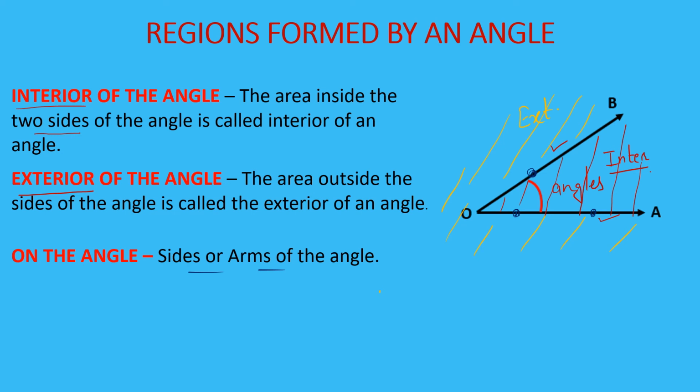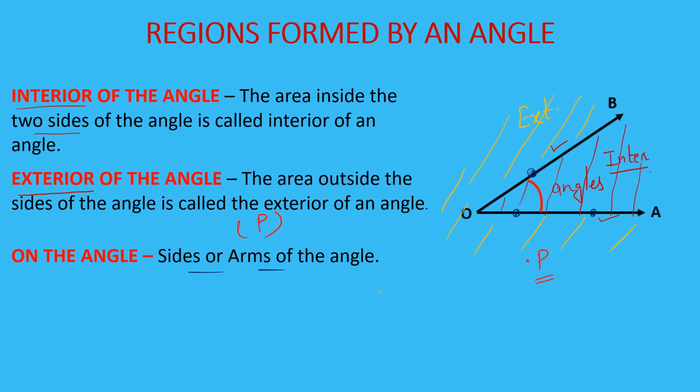So there are three different divisions of the angle. For example, I have written a point P. Is this point in the interior, the exterior, or on the angle? You can see this point P is outside the rays forming the angle. That means it is an exterior point.